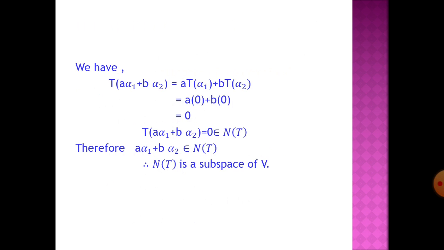Next, applying T of alpha 1 equals 0 and T of alpha 2 equals 0, this equals a times 0 plus b times 0, which is 0. That is, the transformation of a alpha 1 plus b alpha 2 equals 0, so it belongs to N of T. Therefore the linear combination belongs to N of T, and N of T is a subspace of V.